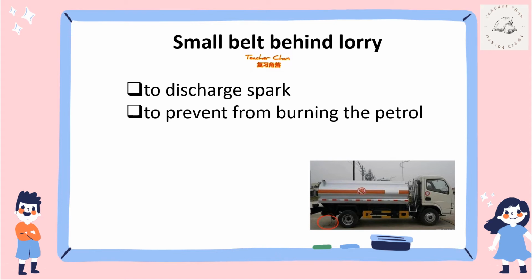When the vehicle is moving with high velocity, the body of the vehicle will produce electrostatic charge, and sometimes it will create a spark. So the small belt will help us to discharge the electrostatic charge to the ground. At the same time, it can prevent the petrol from burning.